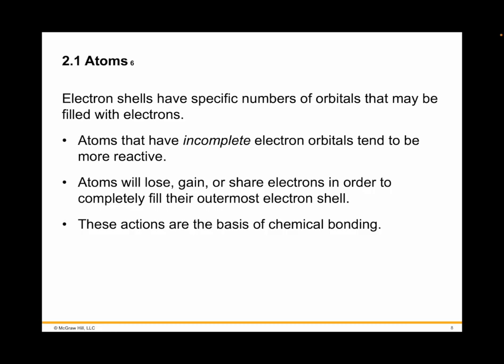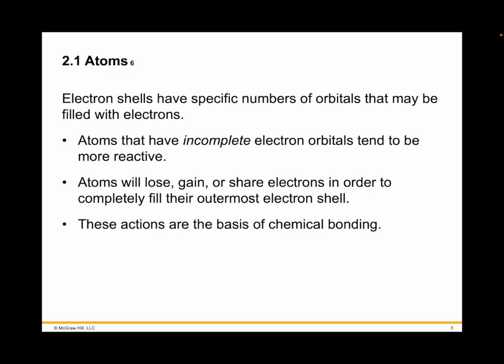So helium, which is shown in figure 2.3a, has 1 electron shell with 1 orbital that corresponds to the lowest energy level. The orbital contains 2 electrons, shown above and below the nucleus.